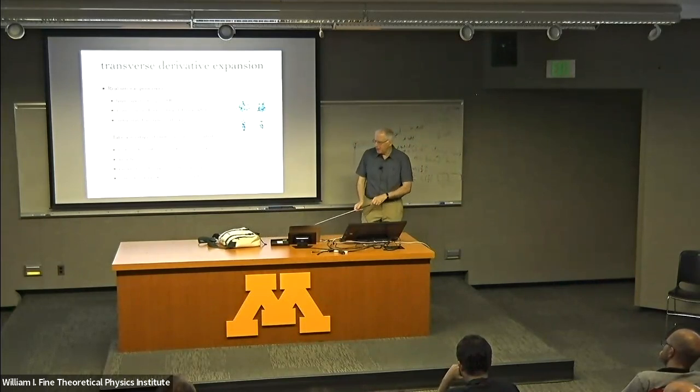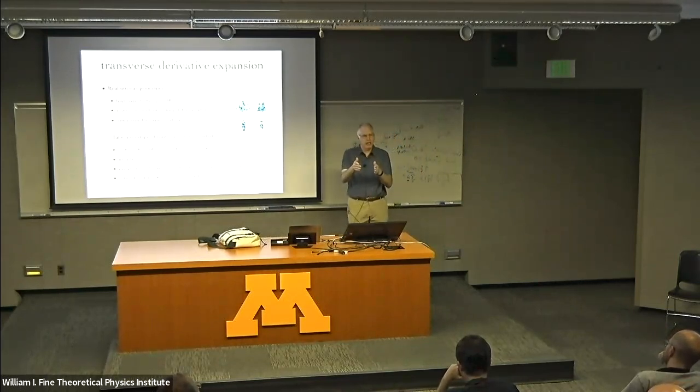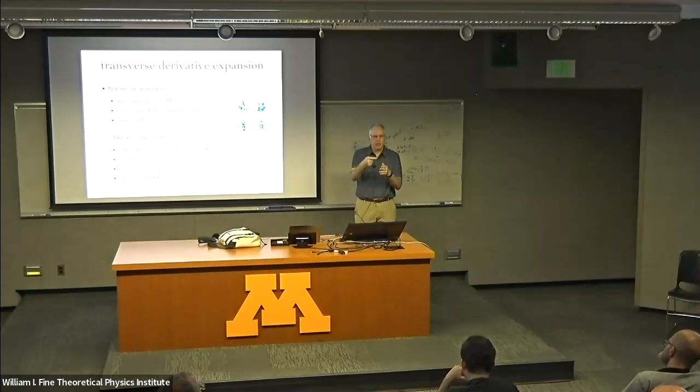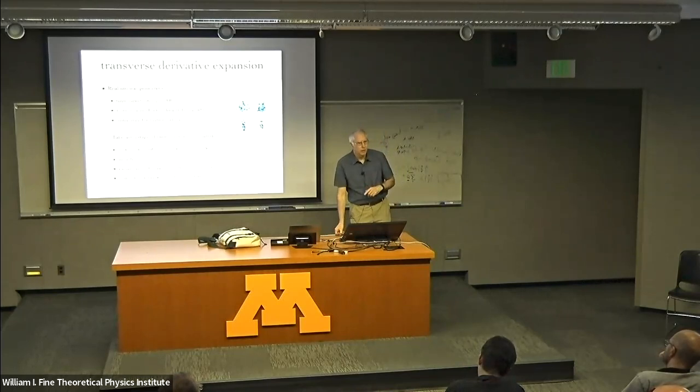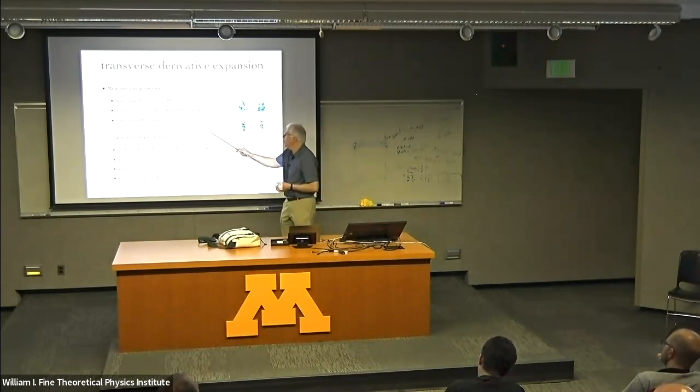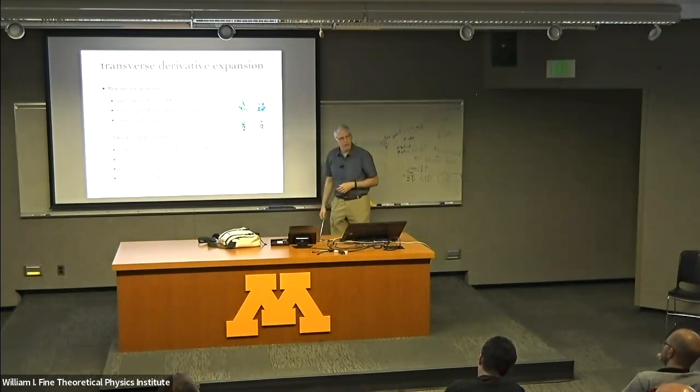What it amounts to saying is, if you think about the scale over how rapidly our geometry is changing, it's dramatically different in a longitudinal direction than it is in transverse directions. So can we just take advantage of that by treating transverse gradients as small compared to longitudinal gradients?